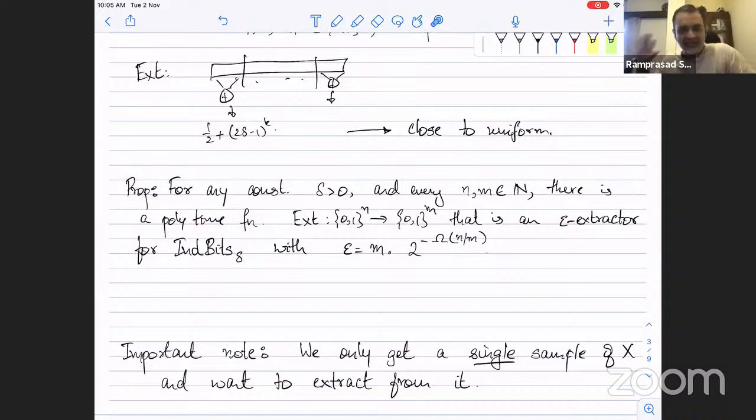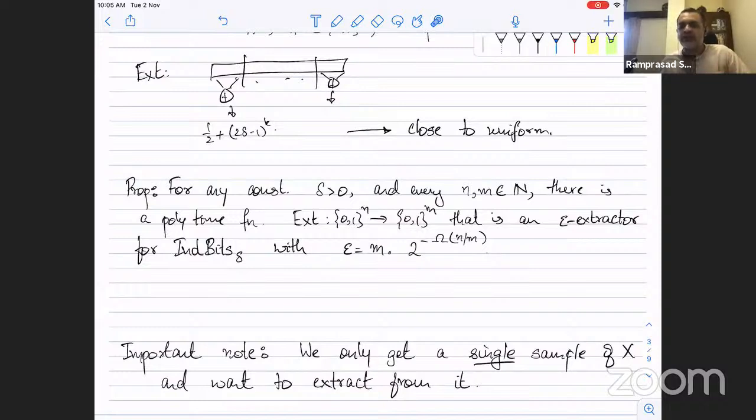The crucial thing here is that, unlike many other instances you might have in mind, I only have access to a single sample of X, and I'm trying to extract randomness from that sample.